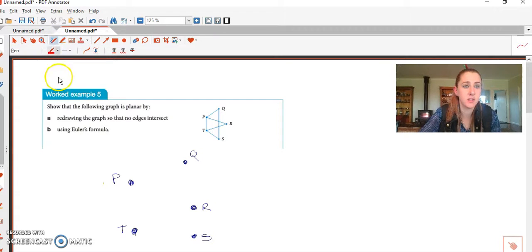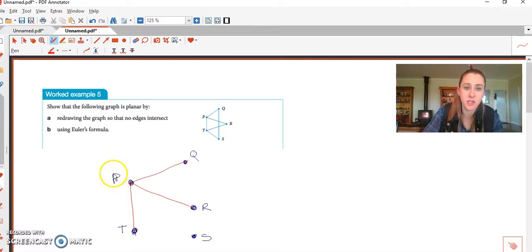In my original graph, I've got a connection from P to T, and P also connects to Q, and then P also connects to R.